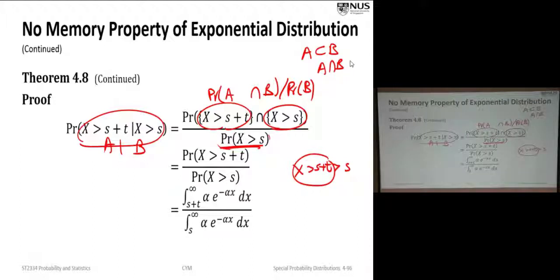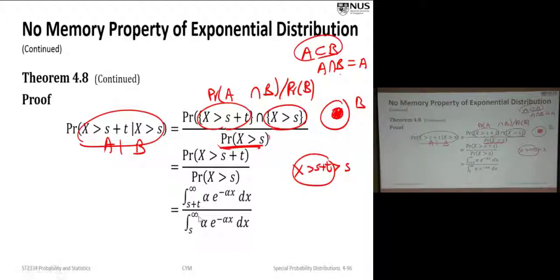It must be equal to A, right? You think of it, this is B, and A is inside. So A intersect B must be equal to A. So it's equal to probability of A over probability of B.